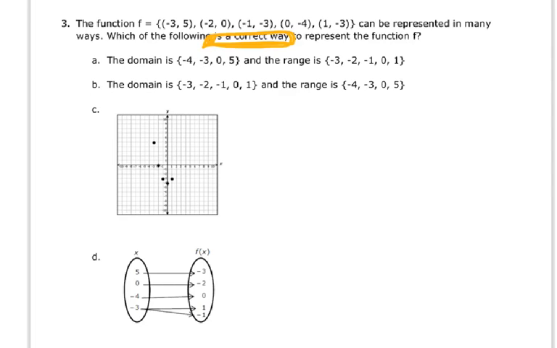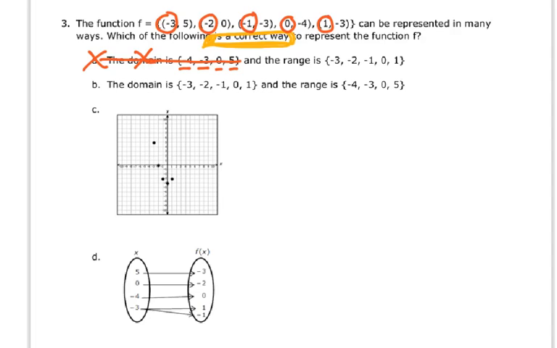So the first one says the domain, which are the x's, are the numbers negative 4, negative 3, 0, and 5. If I look at my x values, those come first. These x values are not negative 4, negative 3, 0, and 5. So this is not correct. It's not A. Let's see B.